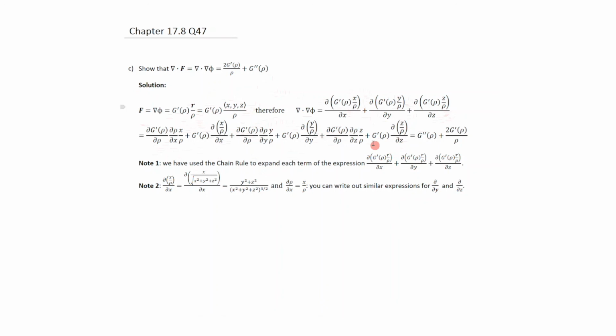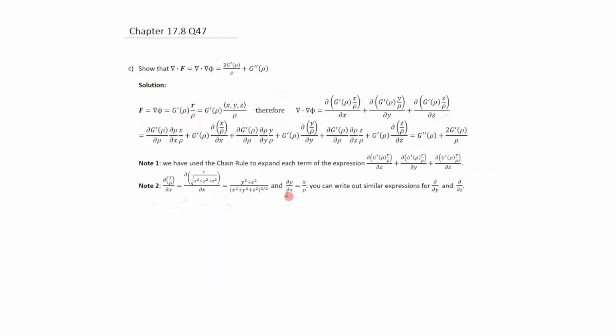Similarly for this term, which is these two terms here, and similarly for this term, which is these two terms here. I claim that when you do all of this work, you end up with the second derivative of g with respect to rho plus 2g prime of rho divided by rho. I've just shown some details here. We've used the chain rule to expand each term of the expression. d of x over rho dx is just the derivative of this expression, and if you do this, you end up with y squared plus z squared over the 3/2 power of x squared plus y squared plus z squared.